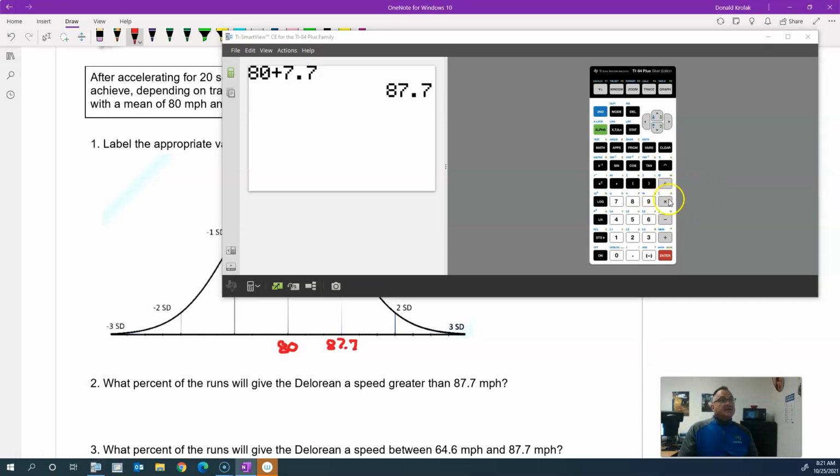And then do it again, adding 7.7 each time, until we get to 103.1.